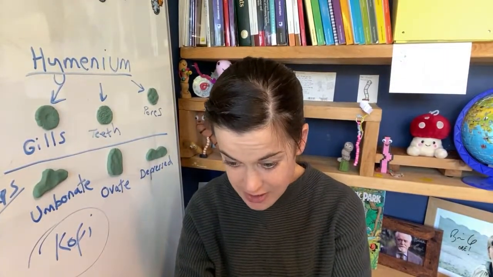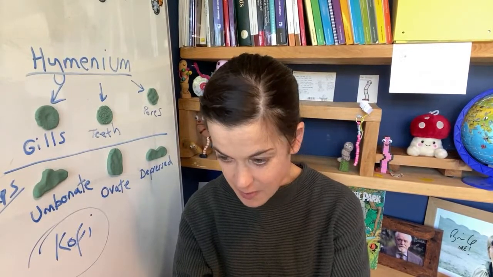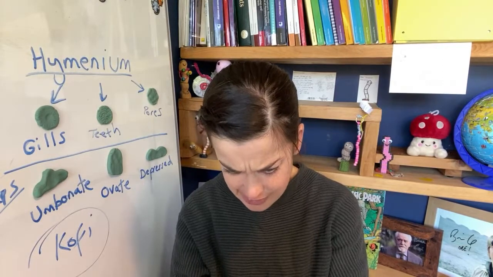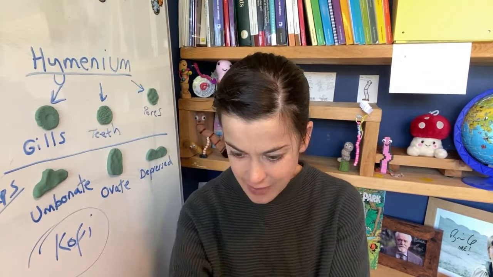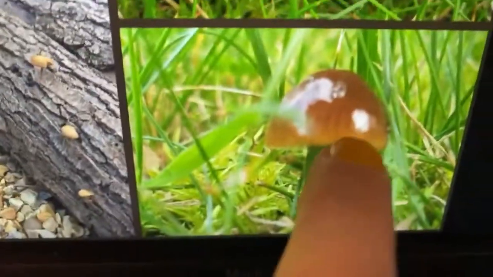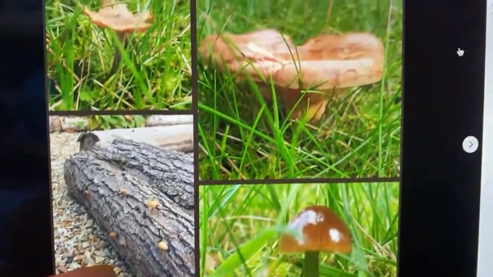Lily found a bunch of different mushrooms while out on a walk yesterday. Some depressed, and some with spores. Oh, yeah, let's have a look at these. See if anyone can recognise any of these. Oh, yeah. That's a striated one, isn't it? That is quite clearly striated. Wow, yeah. Oh, look at that. Oh, they are stunning.